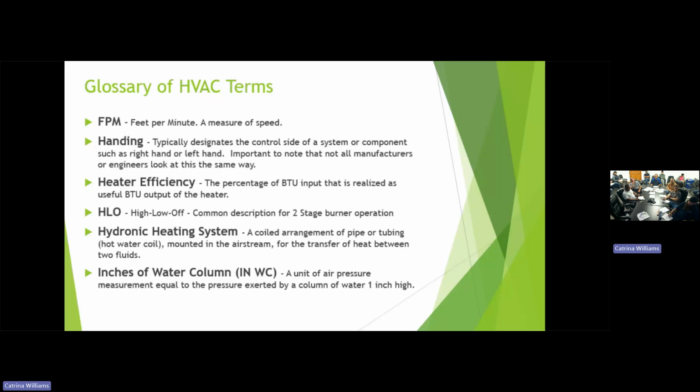That's what we base that on. Filters might be a 1/4 inch. That's typically a dirty filter reading. But inches of water is how we measure the resistance we have in that ductwork or the component. And that's used in pumps, coils. You'll see that's used in measuring resistance in a lot of applications.